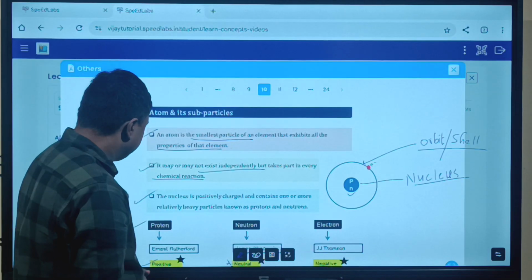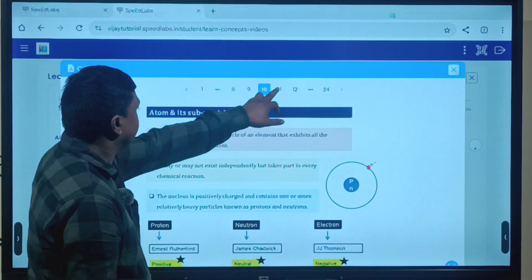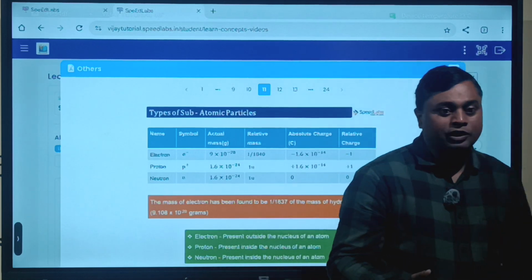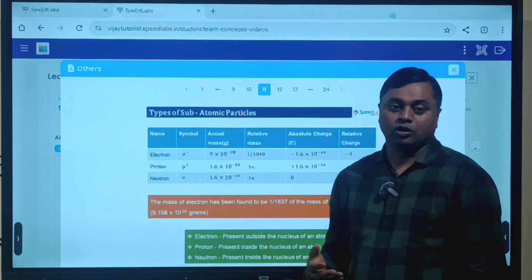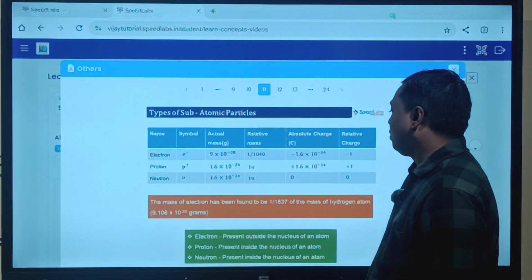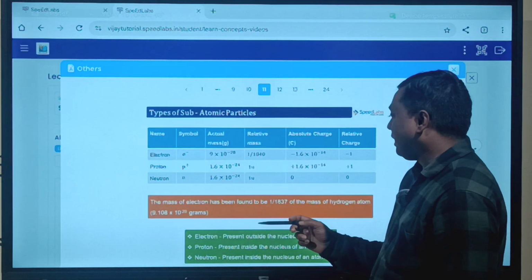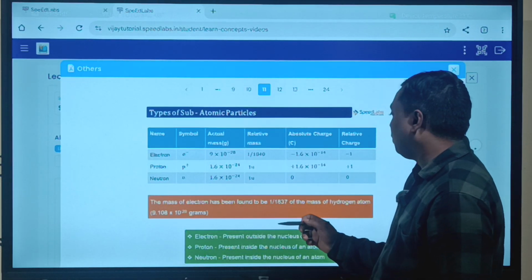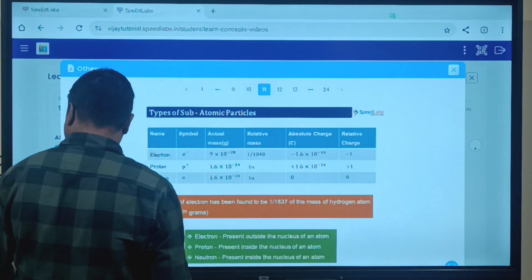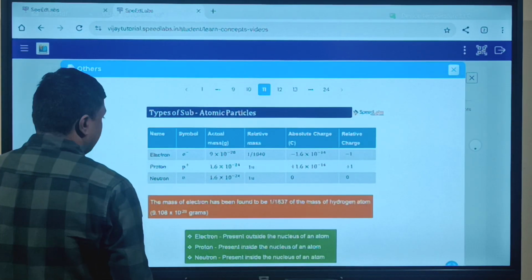Next concept. Being a good student you should remember the values of protons, electrons and neutrons. For example, what is the charge of an electron? It is minus 1.6 into 10 to the power minus 16 coulomb. Okay, here some error is there, you can see.